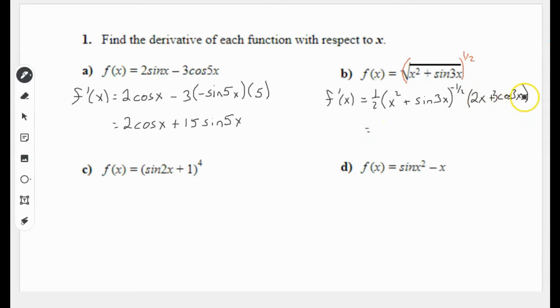So on our numerator, we have this 2x plus 3 cos 3x. All divided by, you can put this 2 on the denominator, and that would be the square root of x squared plus the sine of 3x.